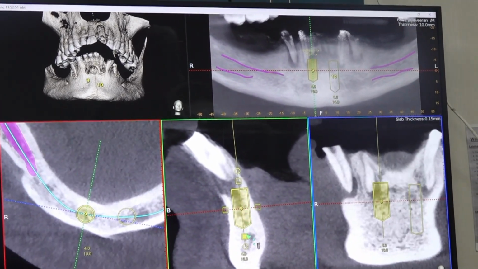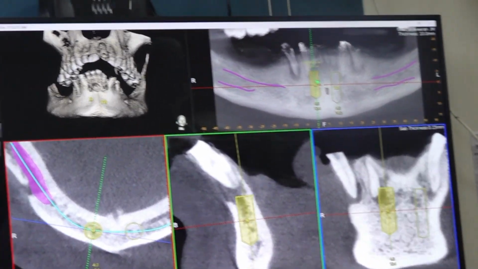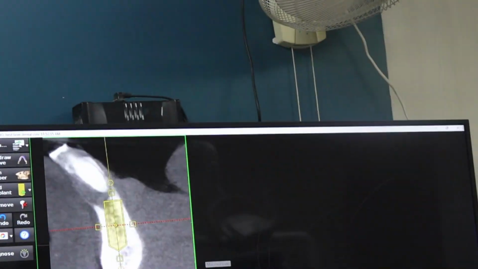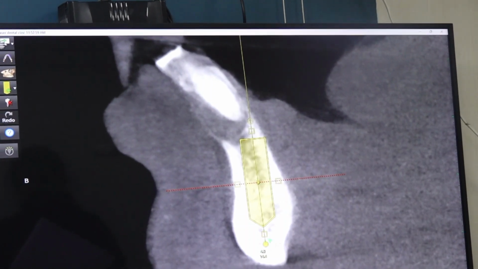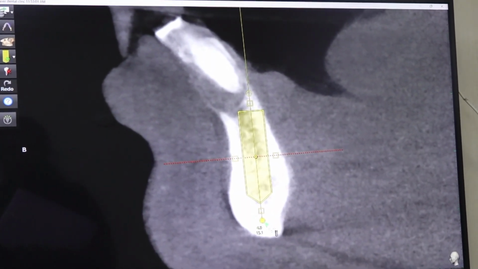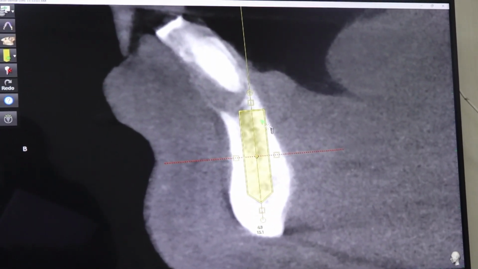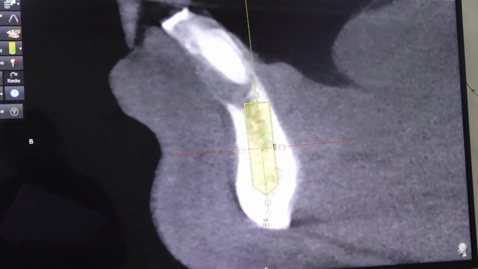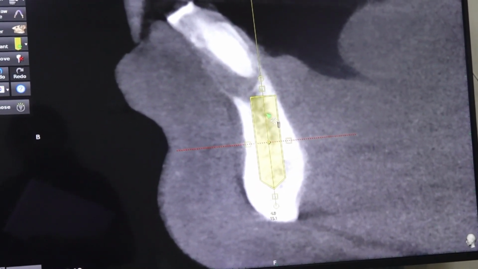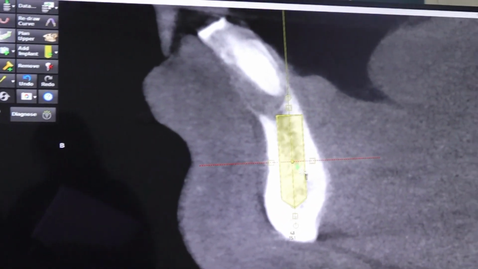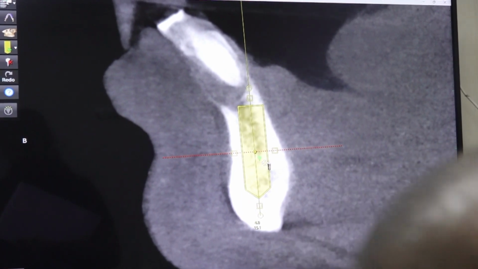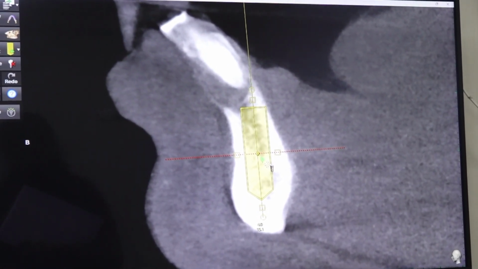So 4-1, 4-2 region. A 13 mm implant will be the right choice. Probably a lesser diameter implant, 3.75 is enough because the bone quality is very dense. Even intramedullary bone is similar to cortical bone. Intramedullary bone itself is 1500.